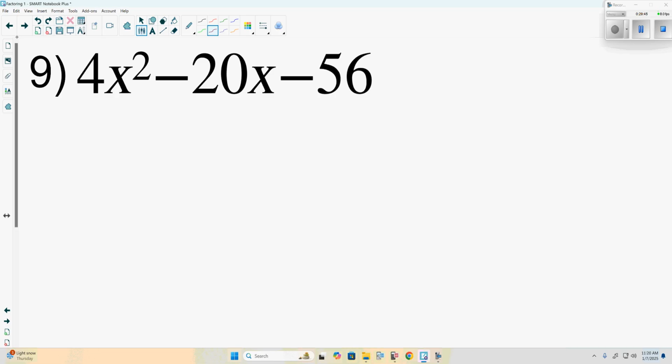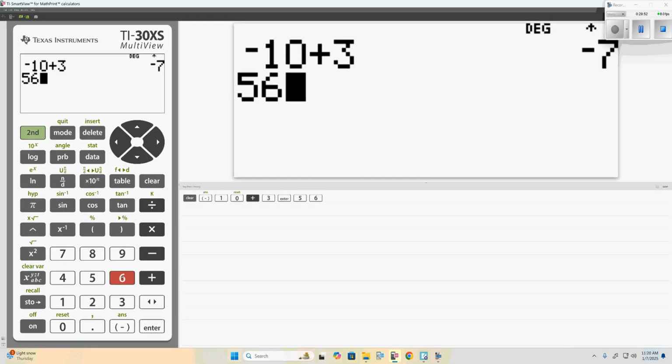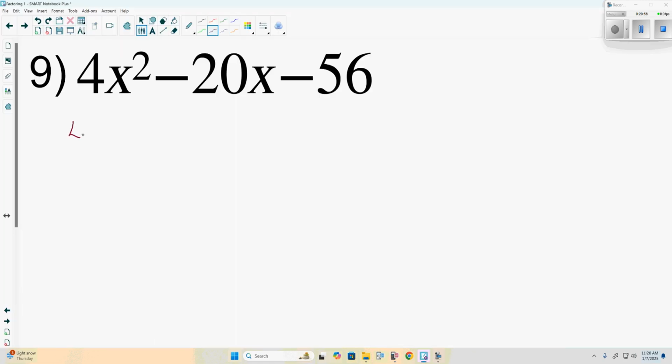4 and 56 is actually divisible across all three. So here, 4x squared, 20x, and 56 actually has the greatest common factor of 4.